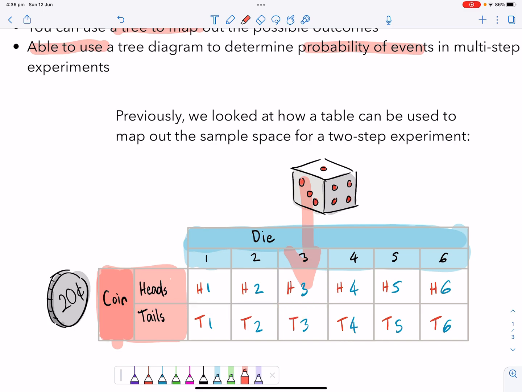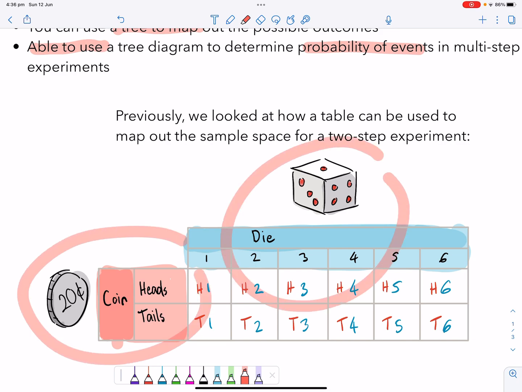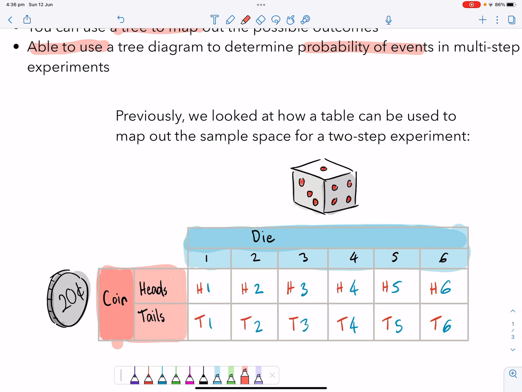However, if I had a third event, so 1, 2, where would my third one go? So I think this table would become like a three-dimensional table at that point. So I think that's probably why the tree diagram may have been introduced as an alternative that doesn't require three-dimensional tables.